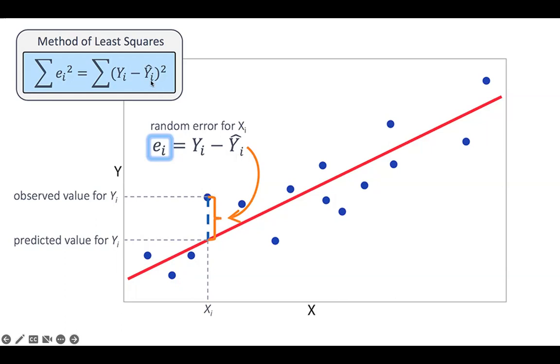We take the square of the error so that we can remove the negative errors, and we do this for every point in the data set. Check the difference between the actual and the predicted, take the square, and sum it all out. That is the method of least squares.